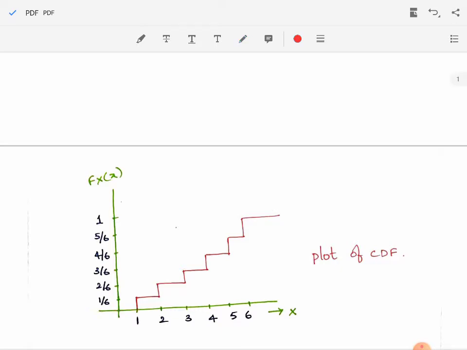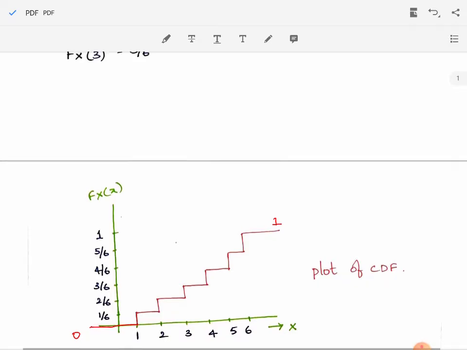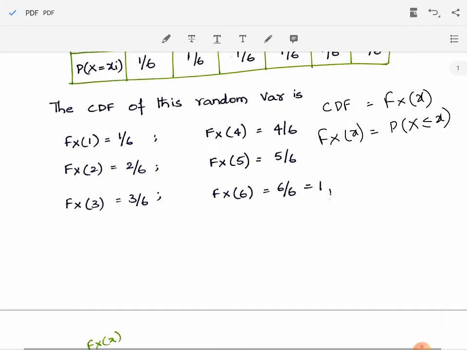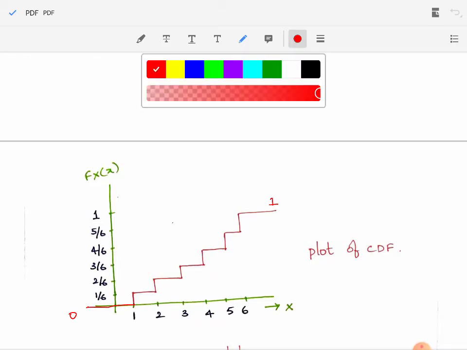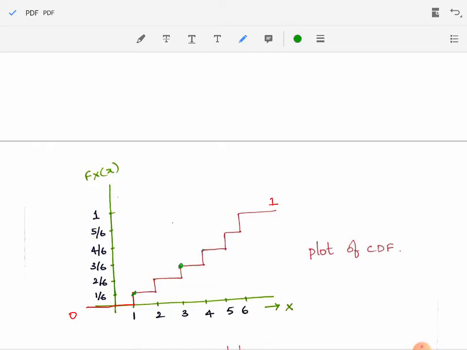As per the values, at FX(1) it is 1 by 6, at FX(2) 2 by 6, at 3 it is 3 by 6, 4 by 6, 5 by 6, and 6 by 6.